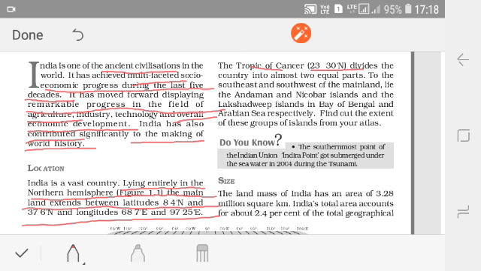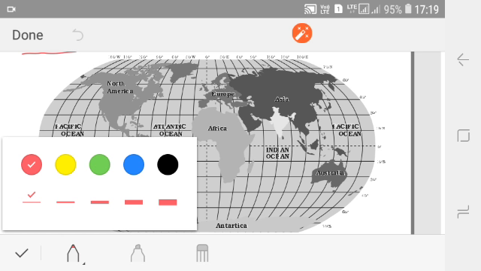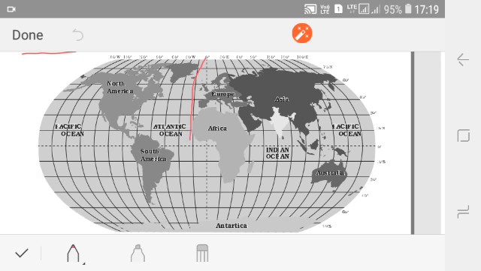Now see in the map, children, you see that these are longitudes and these are latitudes.